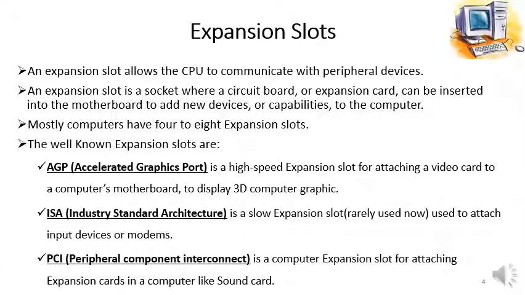Then PCI, Peripheral Component Interconnect, is a computer expansion slot for attaching expansion cards in a computer, like a sound card. So these are some of the well-known expansion slots that we have in our computer.